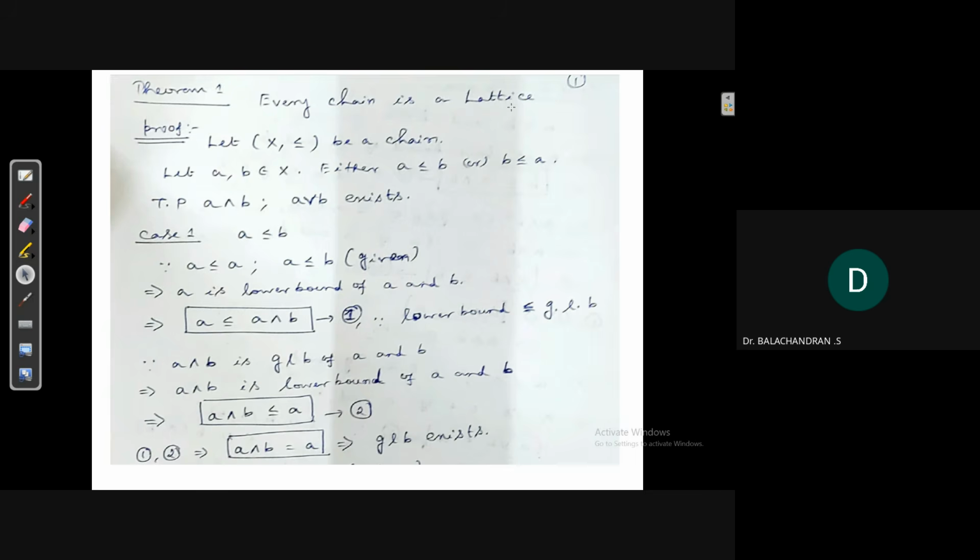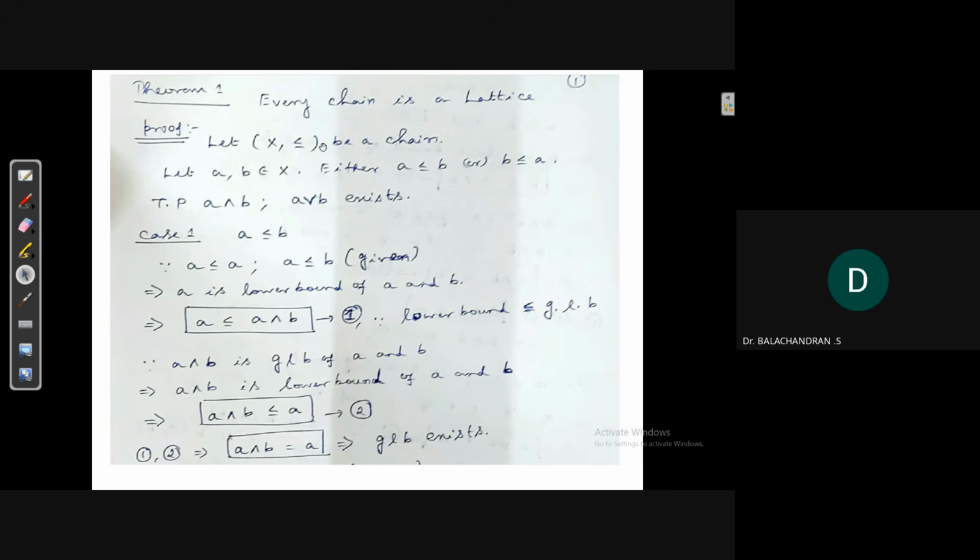Lattice means I need to prove the greatest lower bound of A and B and the least upper bound of A and B exist. So what you need to assume, what you need to prove, that should be very clear.